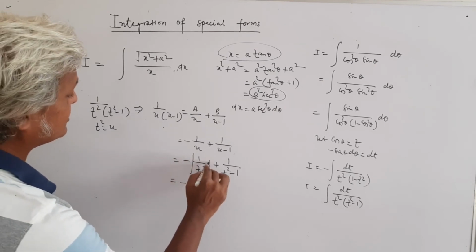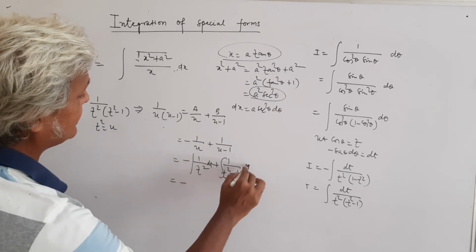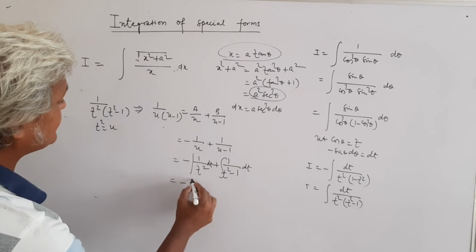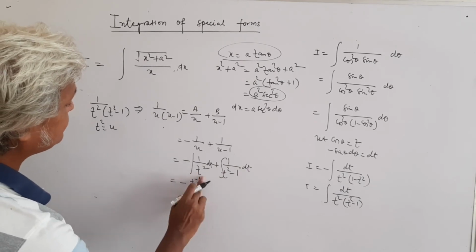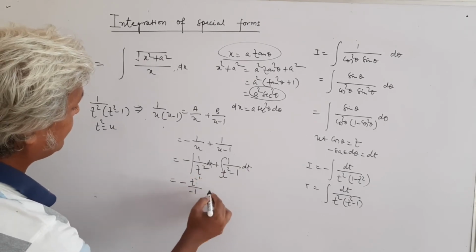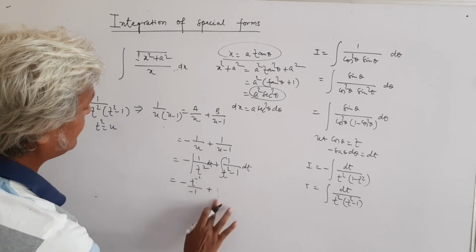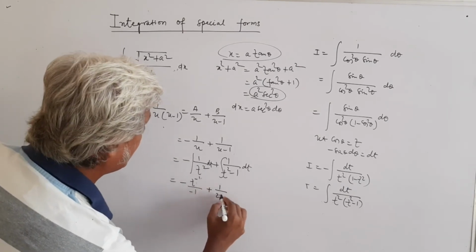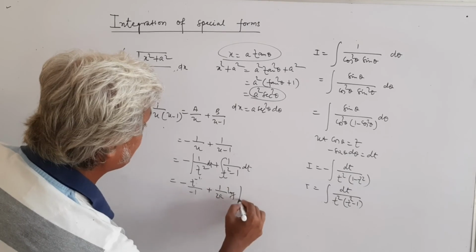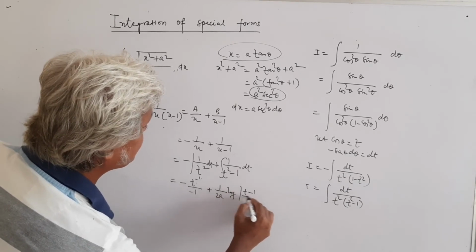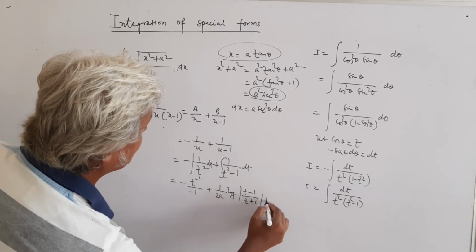here I write integration dt, here also I write dt. This becomes minus t to the power minus 1 over minus 1, plus 1 upon 2a log mod t minus a over t plus a, plus c.